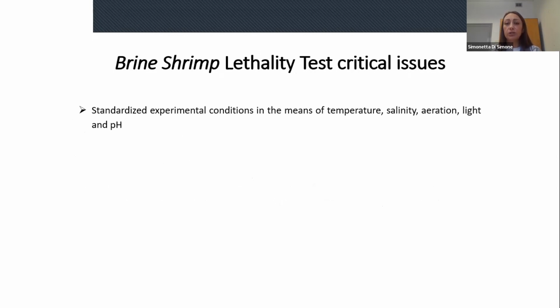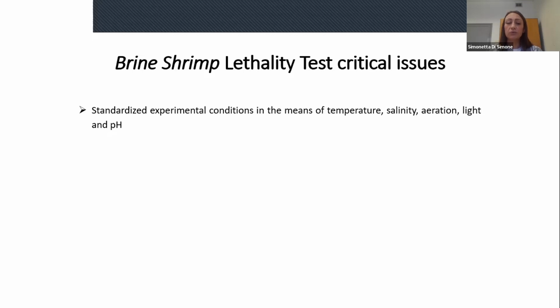So some critical issues of this test: apart from the great number of advantages, several criteria need to be met in order to achieve a broad applicability of the assay. These include standardized experimental conditions in terms of temperature, salinity, aeration, light exposure.